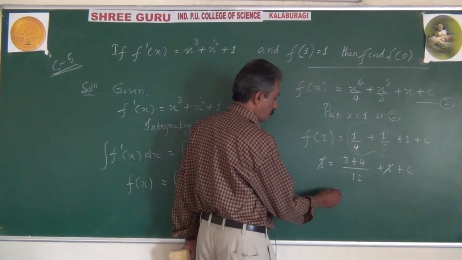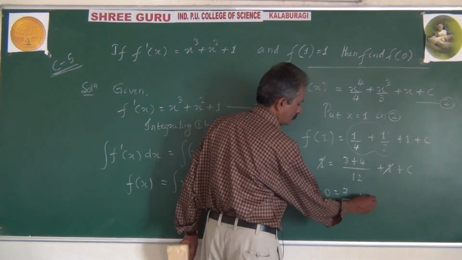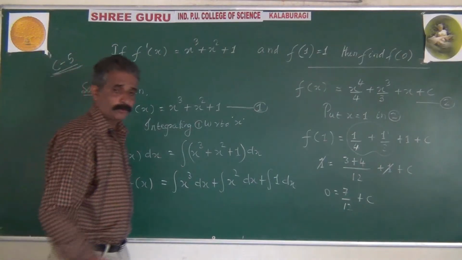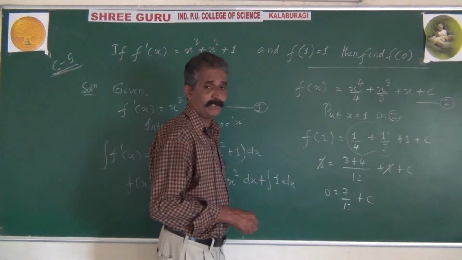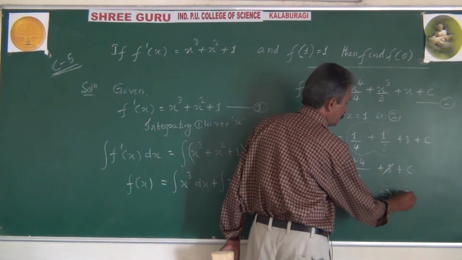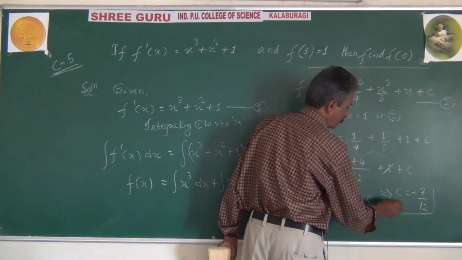So 0 equal to 7 by 12 plus c, which implies that c equals minus 7 by 12.